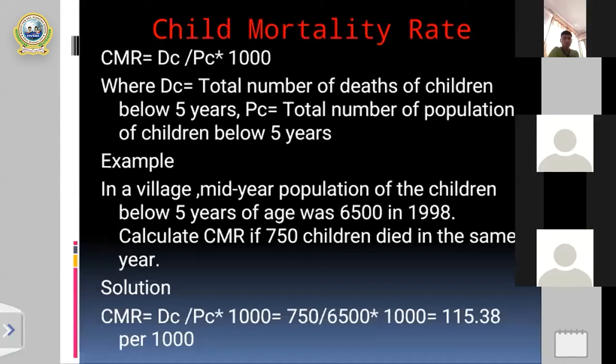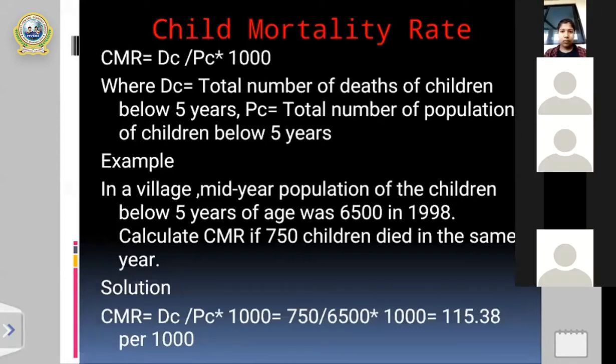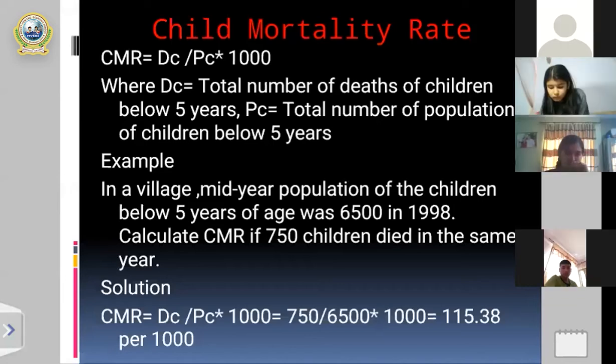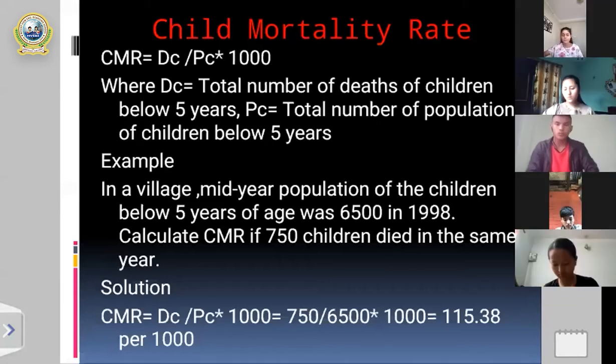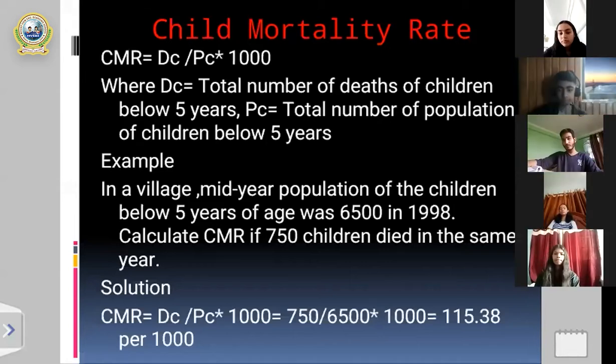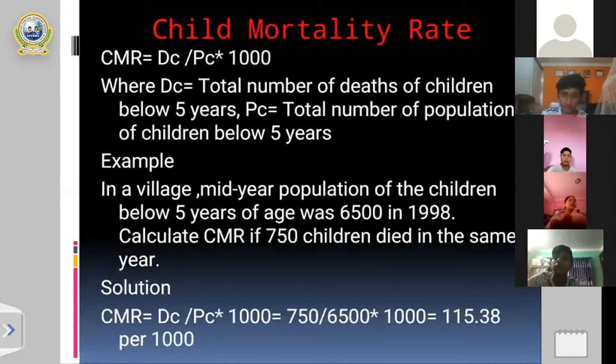Now, D equals the total number of deaths of children below 5 years. As I told you, child below the age of 5 or under the age of 5, infant below the age of 1, we had discussed IMR. So total number of deaths of children below 5 years.